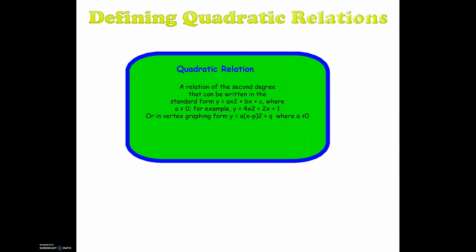Or if it was in vertex form, we have y equals a times (x minus p) to the exponent of 2 plus q, where once again that a cannot be 0. So we absolutely have to have a degree of 2. That means anything raised to that exponent of 2. So here it is, and in the vertex form, here it is.